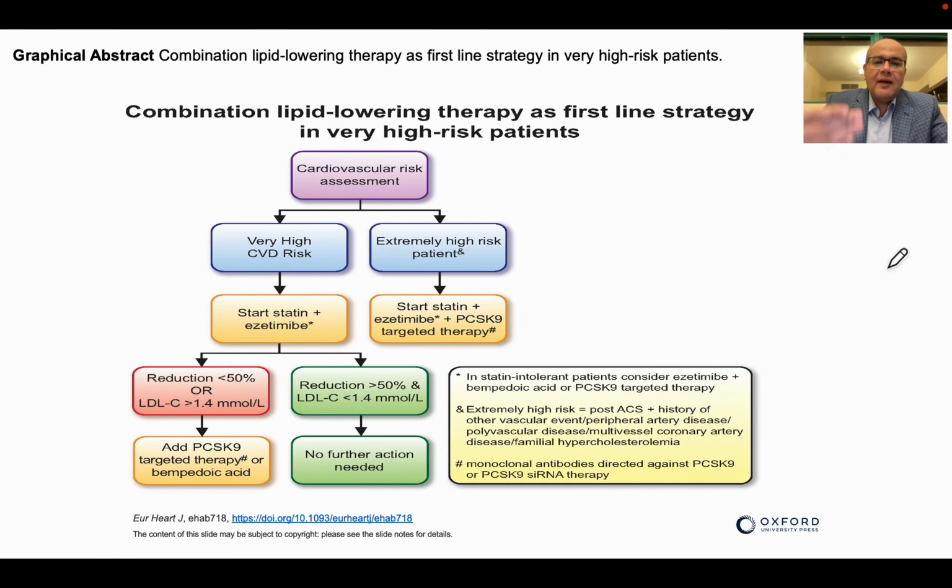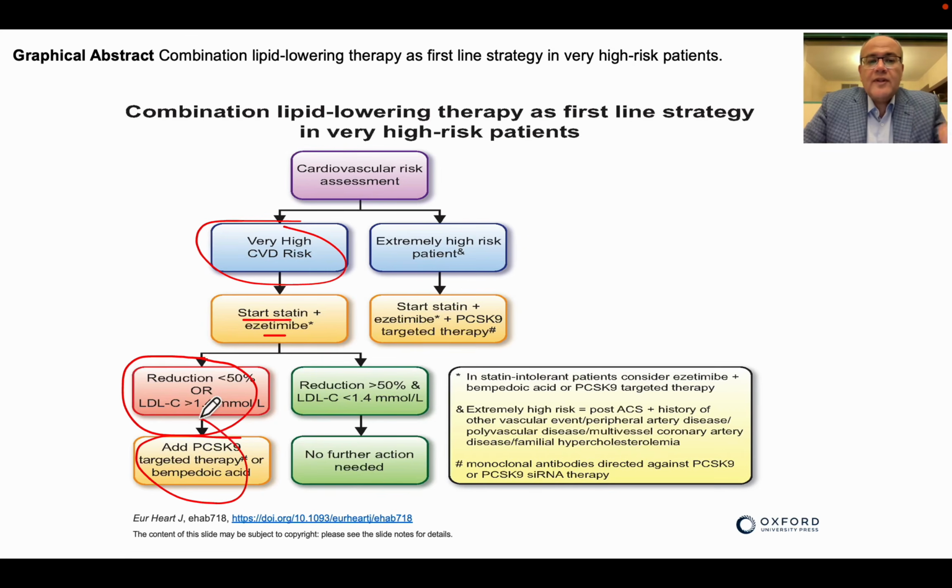And we expect that the coming guidelines, maybe in 2 or 3 years' time, will embrace this idea of combining therapies early on. So this is a speculation of what the guidelines would look like. Very high risk patients would receive from the start a combination of statin and ezetimibe, and we see them in a month or 2. If they didn't reduce the LDL by 50% or didn't reach 1.4, then we have to add a PCSK9 inhibitor.